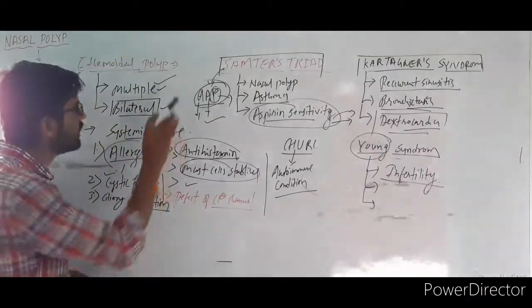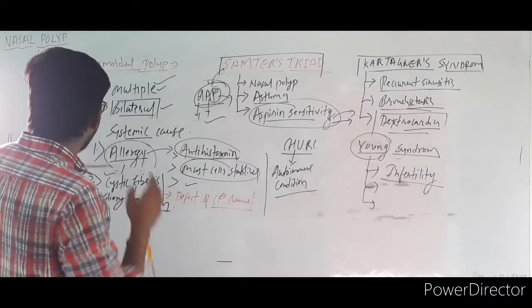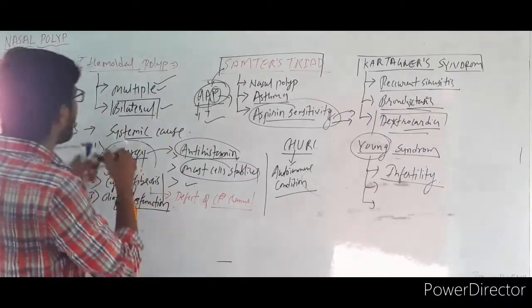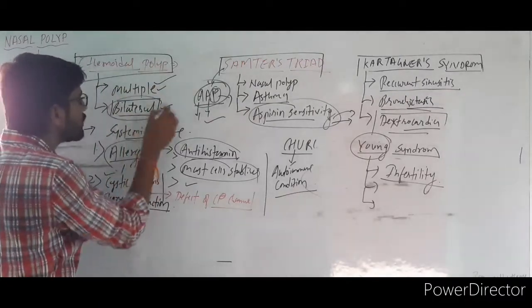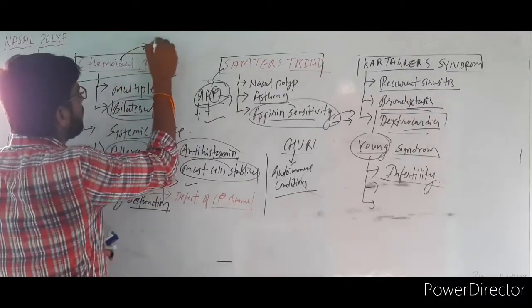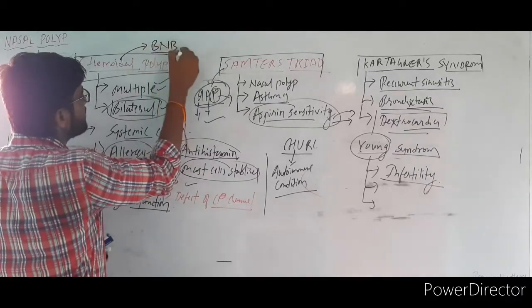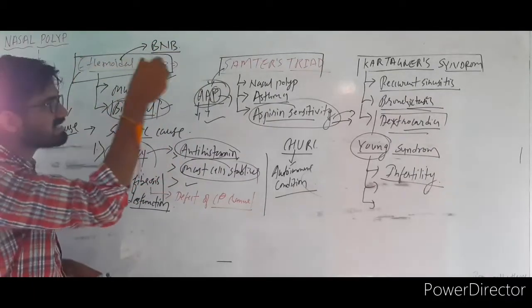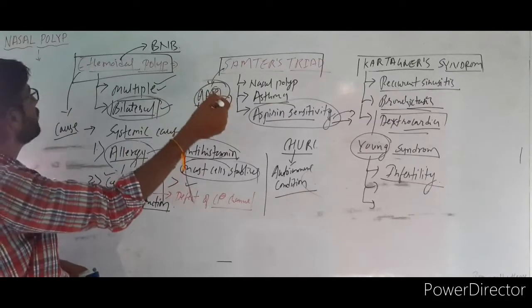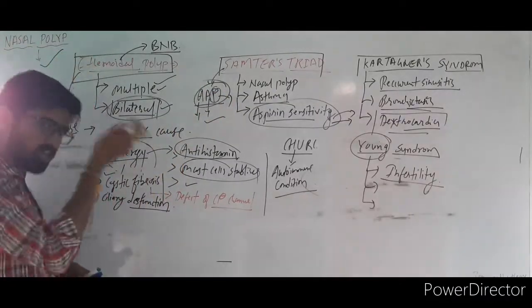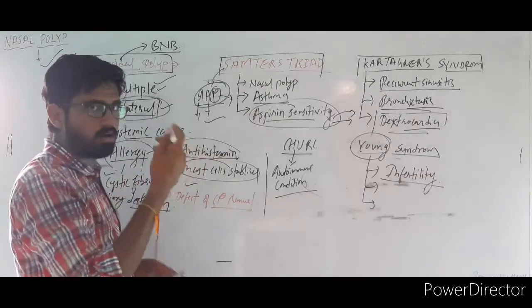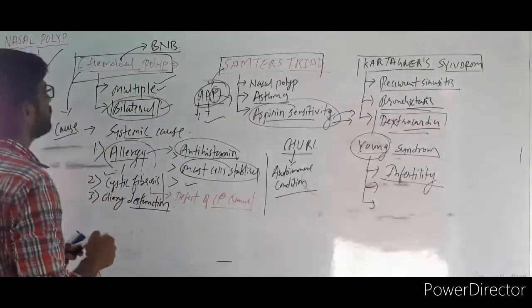Now, in ethmoidal polyps, how will the patient present? Bilateral nasal obstruction. In the maxillary polyp, that is called antrochoanal polyp, there is only unilateral nasal obstruction.